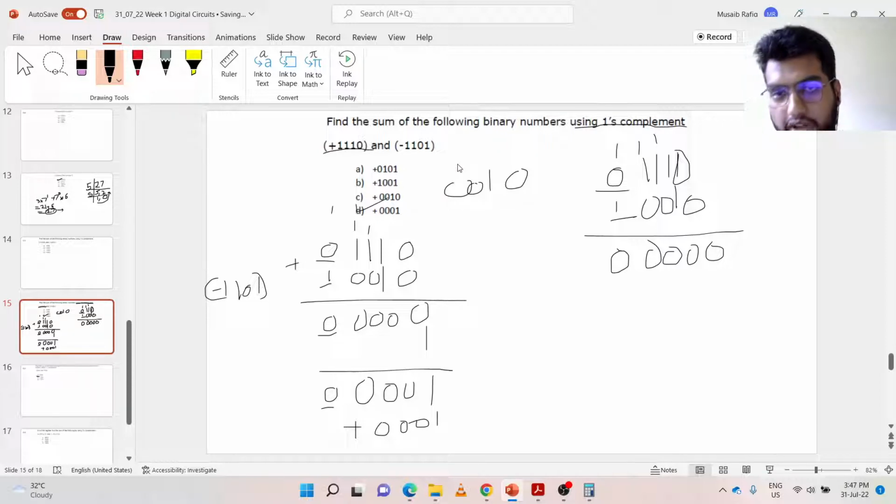As you have already gone through the lectures, this one is added to the LSB. After adding it to the LSB, we get 1, 0, 0, 0, and this here is the sign bit. So our answer is plus 0, 0, 0, 1.